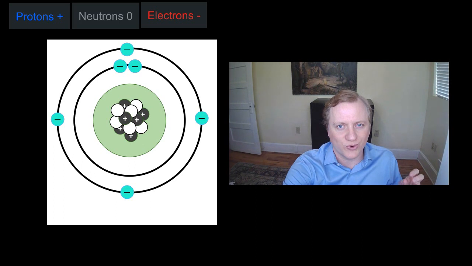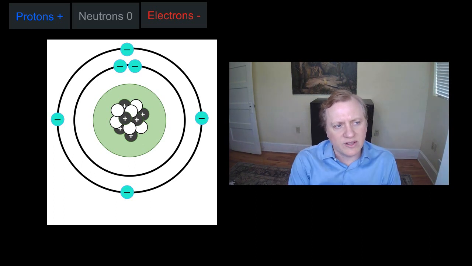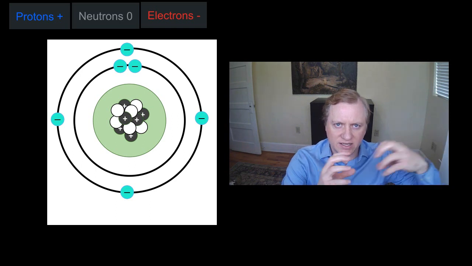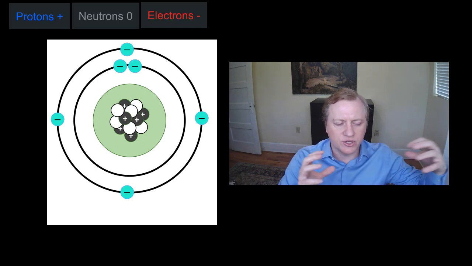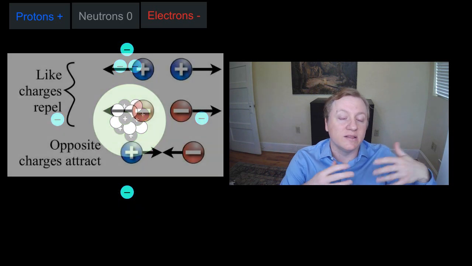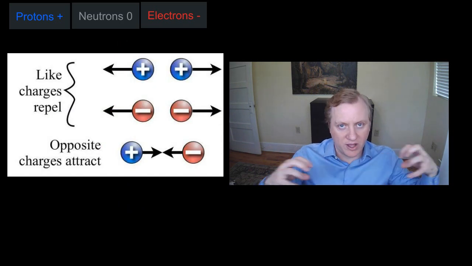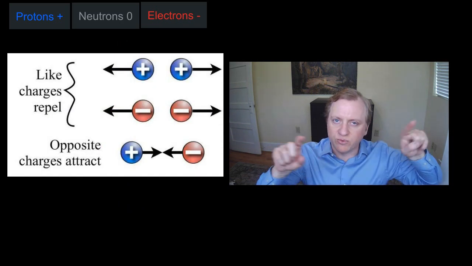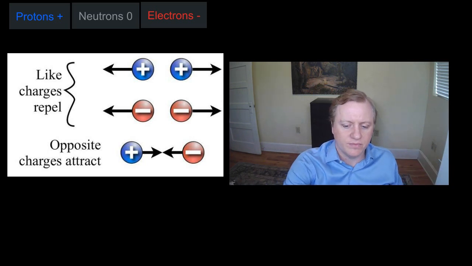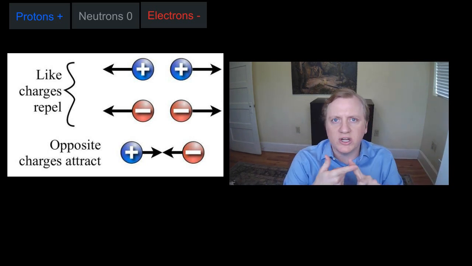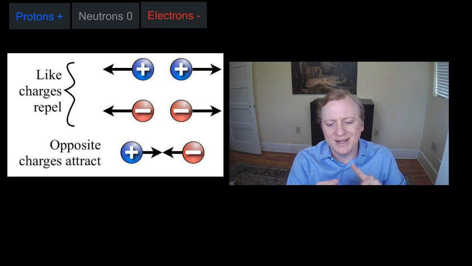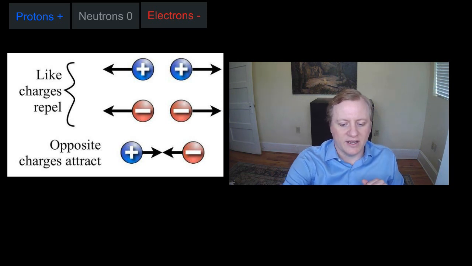That's a pretty difficult question to answer, but you can think of it like this. Positive things attract negative things. So opposites attract and likes repel. Positive things will repel positive things. Negative things will repel negative things. Okay, so protons are positive, neutrons are neutral, electrons are negative.